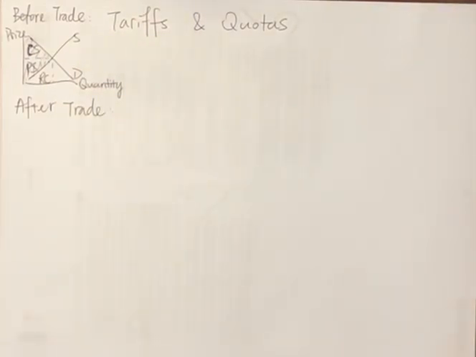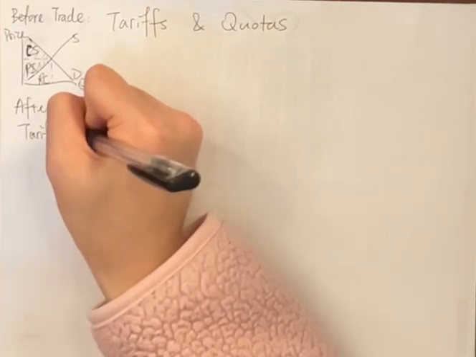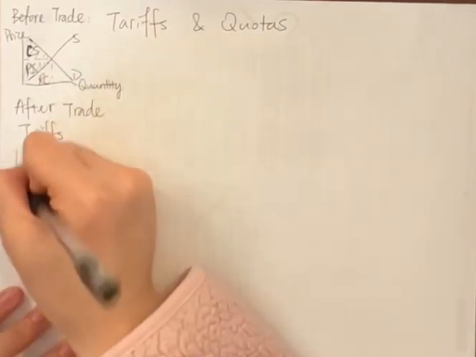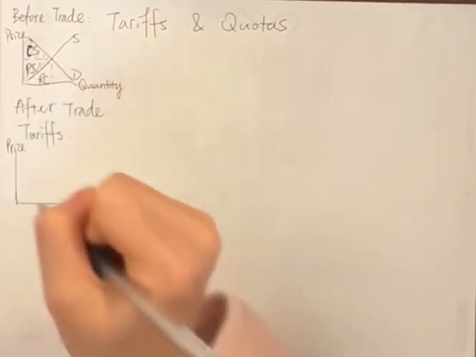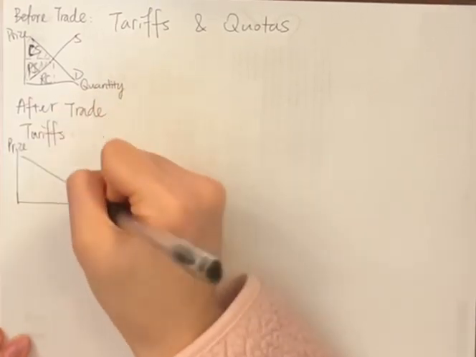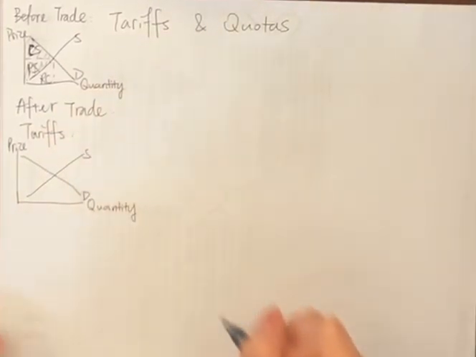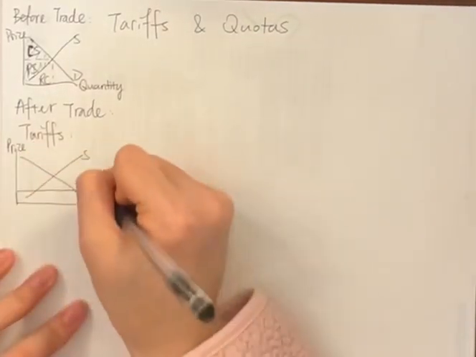And let's think about the tariffs, okay? So, tariff graphs. We start by drawing the basic demand and supply model first. Price, quantity. This is the demand and this is the supply. So for example, I set a world price right here.